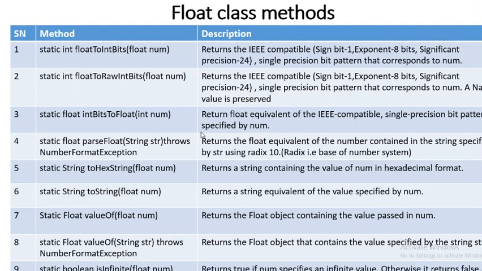Means what? Whatever the string as an argument you are providing, that string will get converted into float. While converting that string into float, base of the number system that is radix is considered as 10, that is decimal.